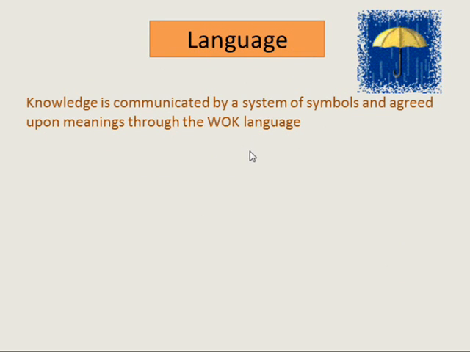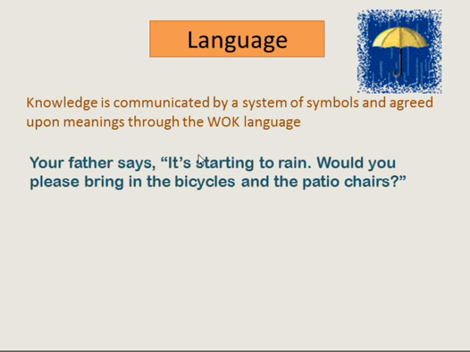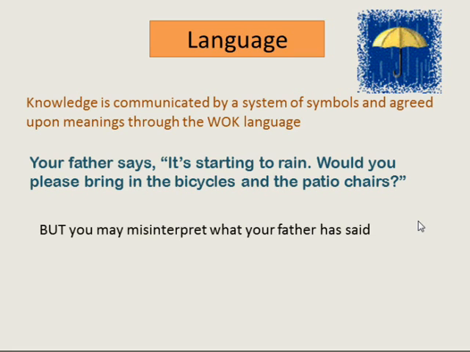Language is another way we get information and get knowledge. For example, your father, using language, would say to you, it's starting to rain, would you bring in the bicycles and the patio chairs? From him using language, he would communicate knowledge to you that it's raining. But you may misinterpret what your father has said to you.